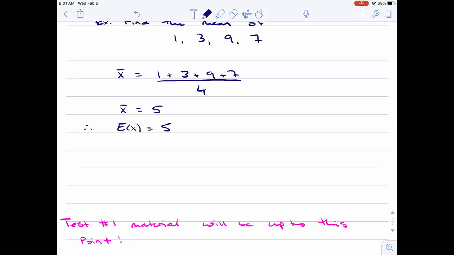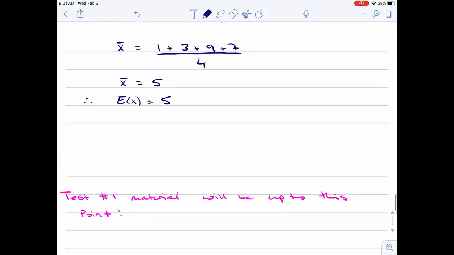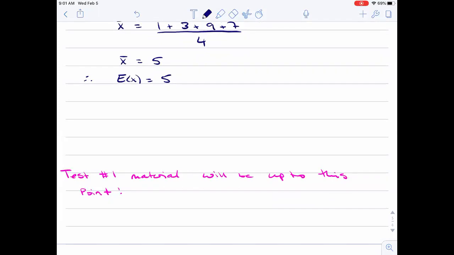Now each of these outcomes, 1, 3, 9, 7, we're saying they each have a 1 in 4 chance of happening. What if I gave you a probability distribution that said, actually, here are the probabilities instead? So now consider the following probability distribution.